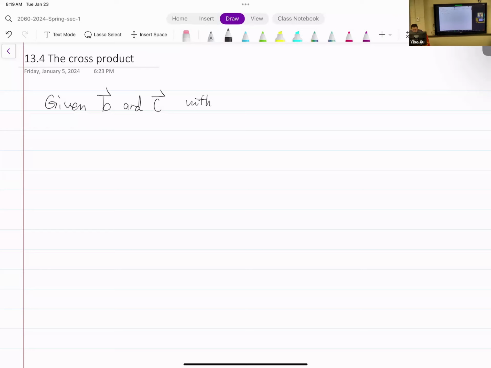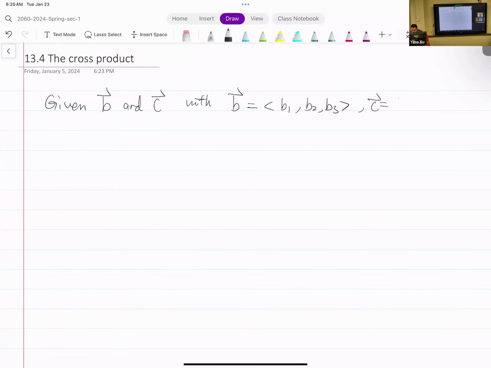And so let's introduce the formula for this cross product, and we'll get some idea. Okay, so B is the vector B1, B2, B3.